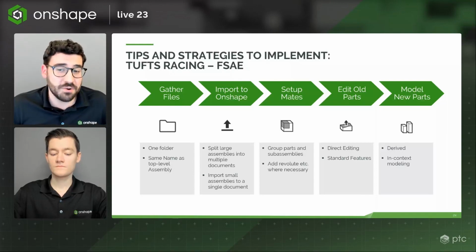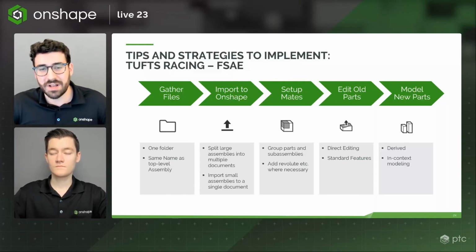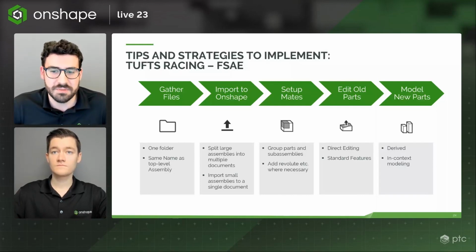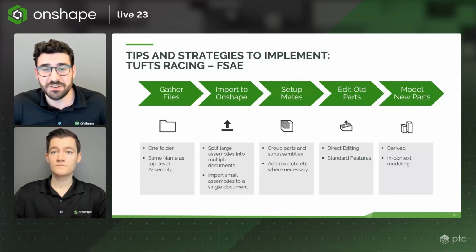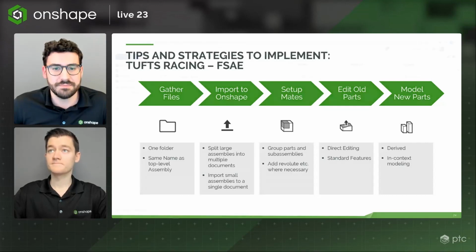You can also edit your old parts, which is really cool. So if you have things that maybe you're cutting or welding and, in real life, you would actually change a part, you can do that same thing in Onshape. And of course, you can model your new parts, and we'll show that in a second. So let's go ahead and hop into Onshape for a quick demo of that.